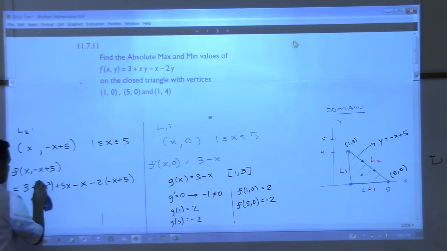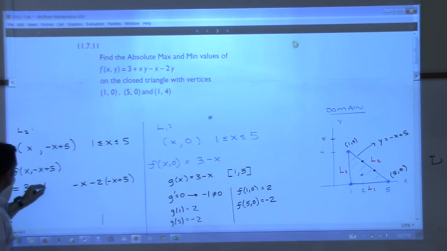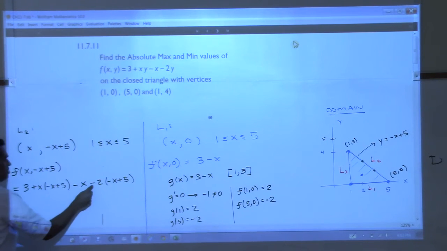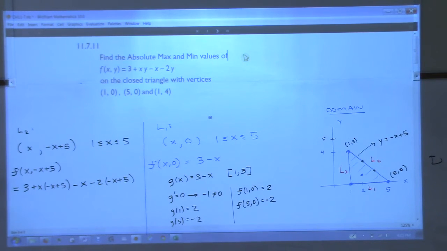Let me do one thing, just in case that's confusing people. I'm doing x times y. Y is negative x plus 5. I'll do it on the next line. So this is 3 plus x times y minus x minus 2y. This is kind of an interesting approach, right, to just walk your way around.